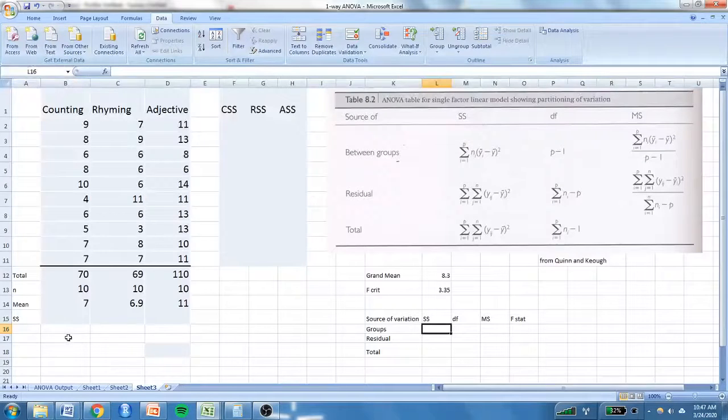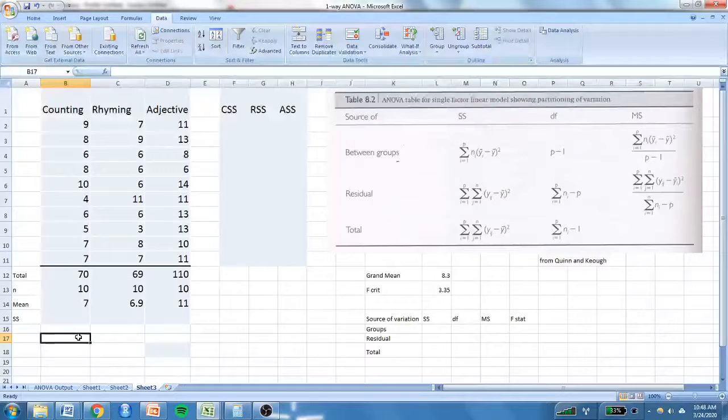In order to compute the group sum of squares, remember we're going to take each individual group mean minus the grand mean, square that, and multiply by the number of observations for that group. We will do that for each group, and then we will add them together. So I'm going to do that down here. You can just ignore this for now. This is going to be for sums of squares later.